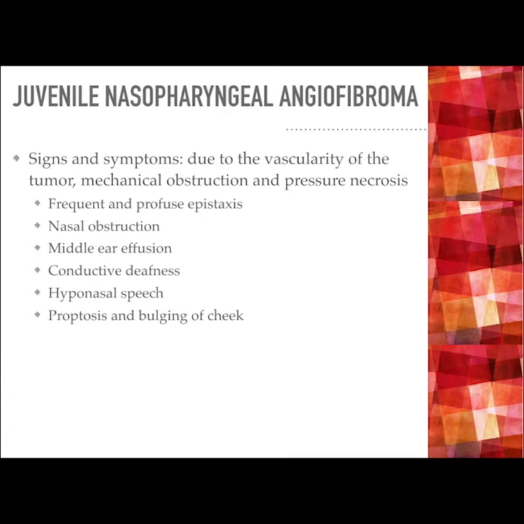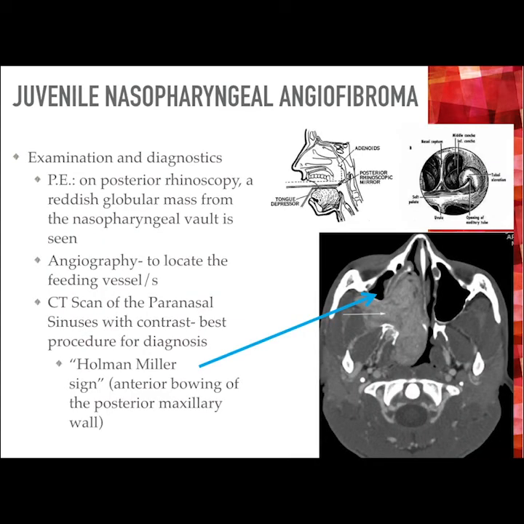Clinically, patients would present with profuse epistaxis, nasal obstruction, middle ear effusion, conductive deafness, hyponasal speech, proptosis, and bulging of the cheek. On physical examination, a reddish globular mass should be seen in the nasopharynx.